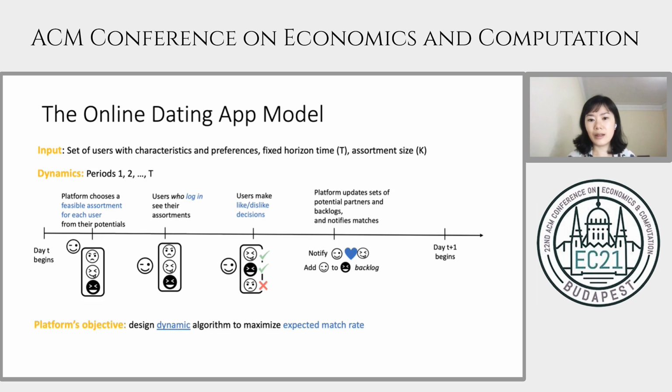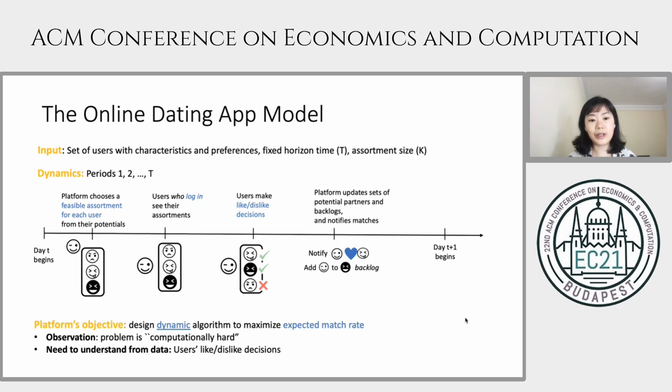The user logs in, evaluates the profiles, and then the platform updates potential partners and backlogs and also notifies matches. And then the process repeats on the next day. The objective here is to design a dynamic algorithm to maximize the expected number of matches. A couple of observations. One, the problem is computationally hard.